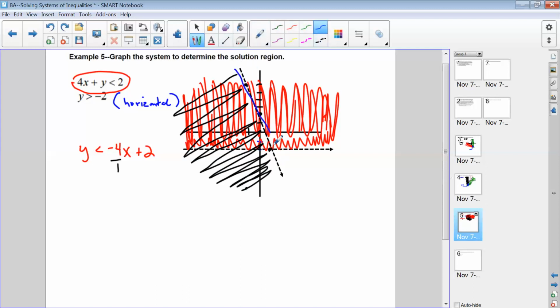It's in this region right here. So every ordered pair in the blue region satisfies this inequality and this inequality.